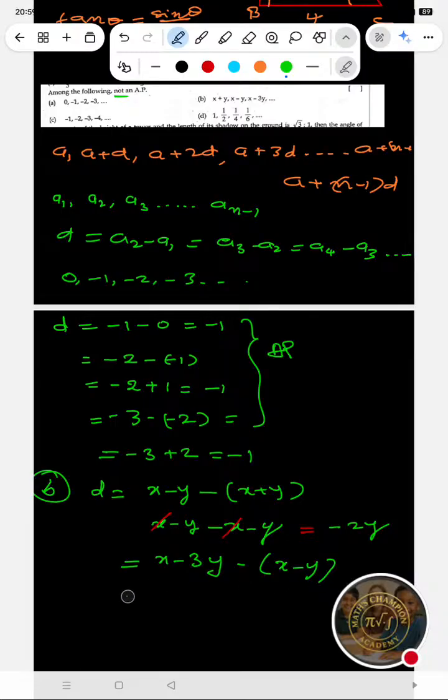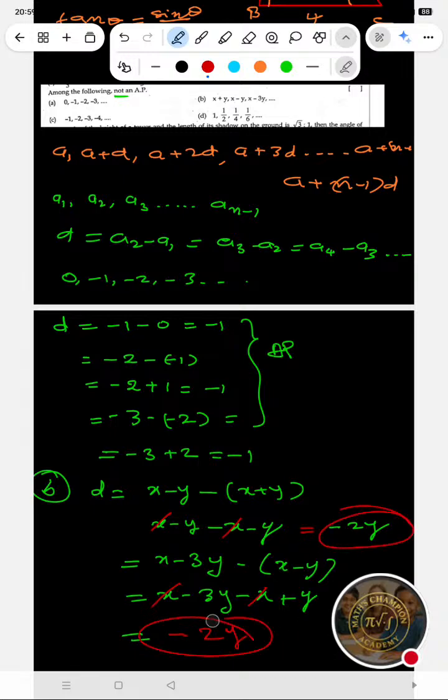Minus into plus is minus x, minus into minus is plus y. So x minus x is 0, and minus 3y plus y gives minus 2y. So the difference is the same here and here. So option B is also in AP only.